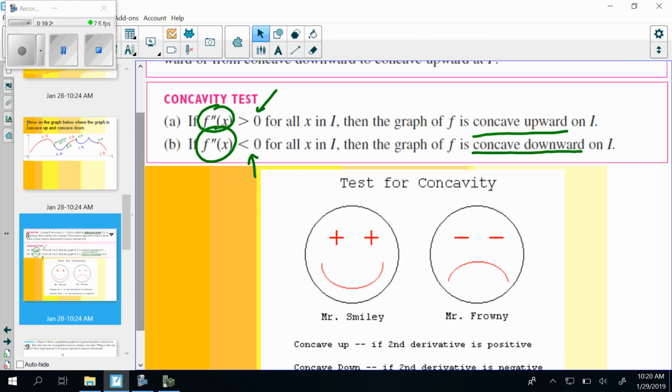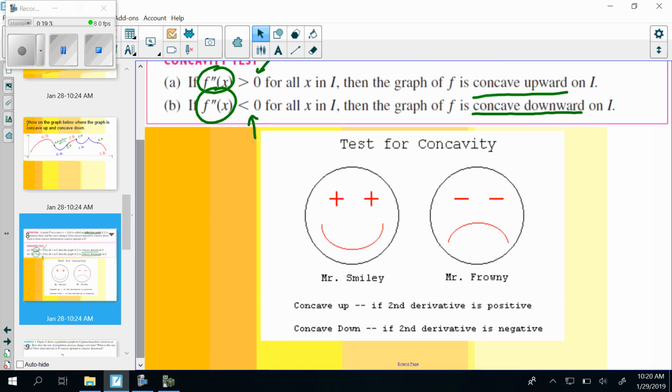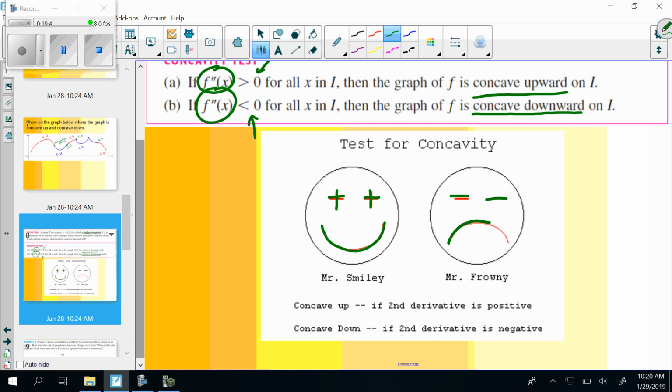If you get a positive number, meaning bigger than 0, then it's going to have the concave up smiley face curvature to it. If you get a second derivative that's negative, then you get this downward Mr. Frowny curvature to it. So think of Mr. Smiley, Mr. Frowny when you want to figure out concavity. Positive is concave up, negative concave down, like a frowny face.